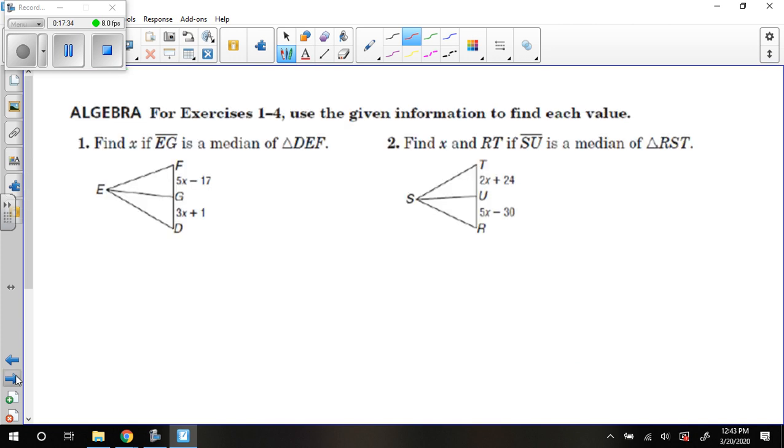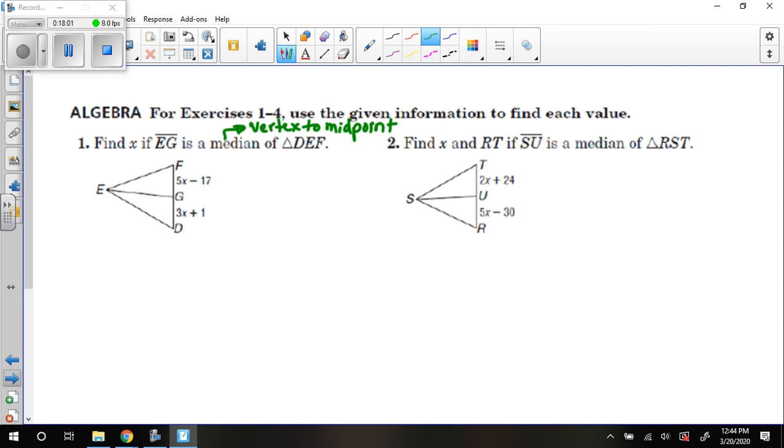Okay, so let's put all of this information to use now. Okay, we've got find X if EG is a median. Okay, so let's remind ourselves what a median is. Okay, a median goes from a vertex to a midpoint.